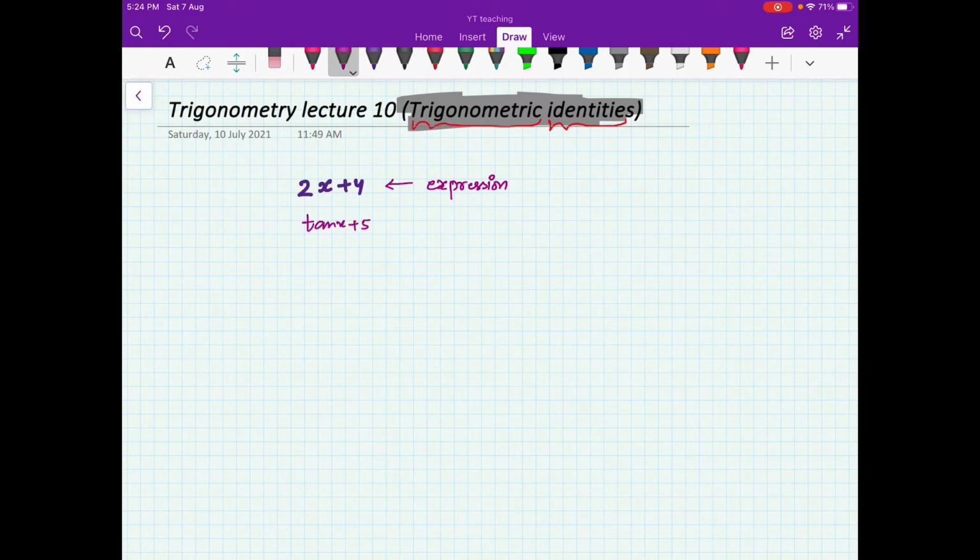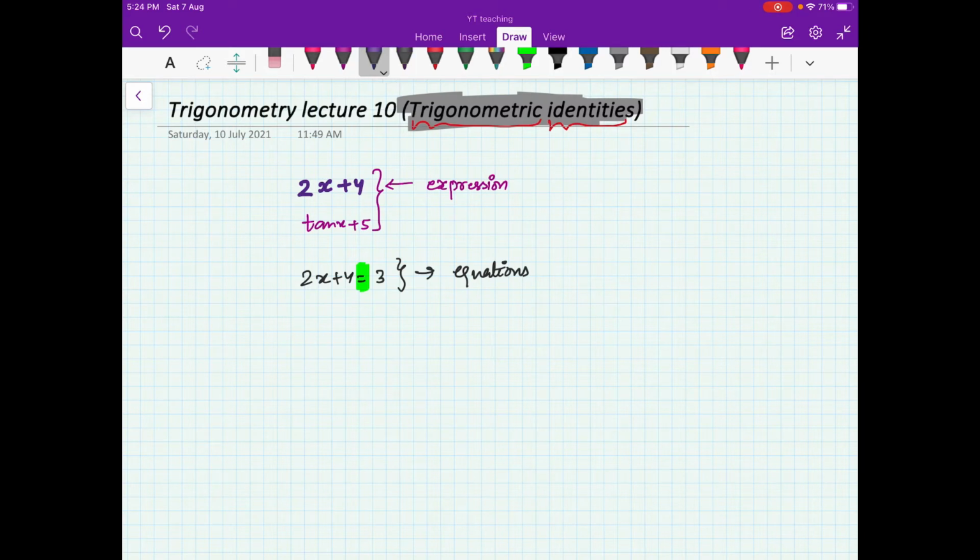This is an expression, right? So all these are expressions. Now if I put like this, 2x plus 4 is equal to 3. So if you have an equal to sign in between, right, then we call it an equation, right? So these things should be clear to your mind, what are expressions and what are equations.